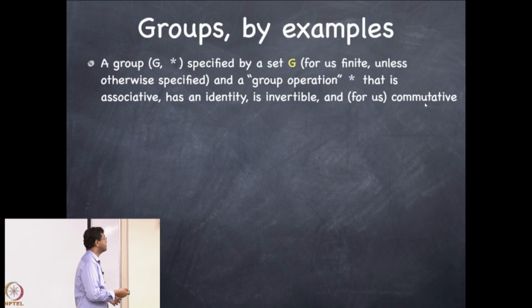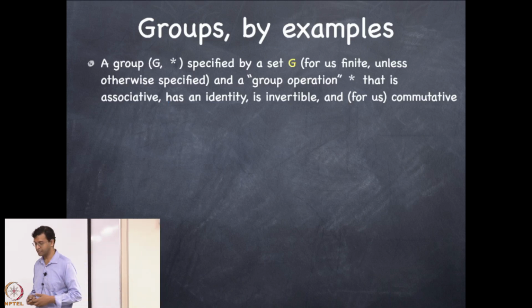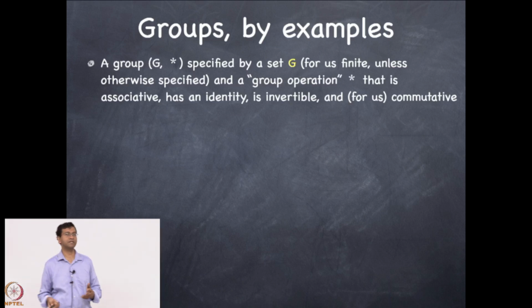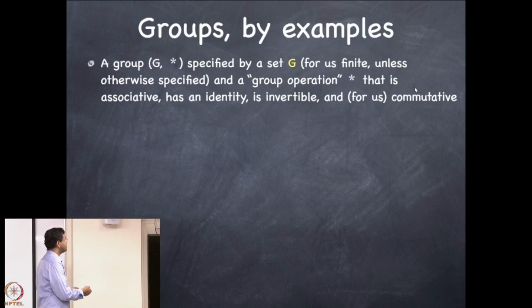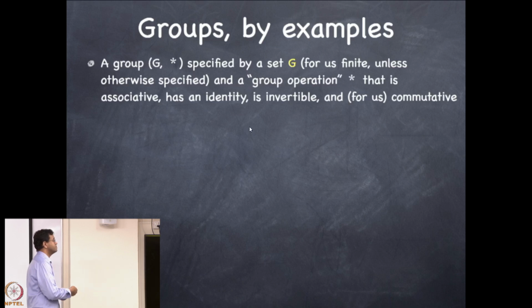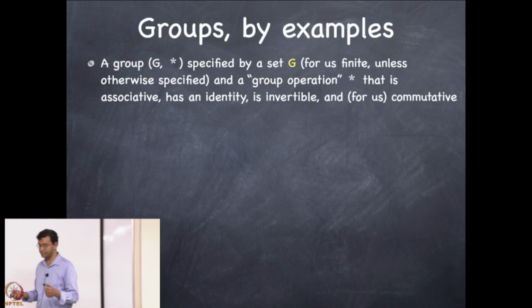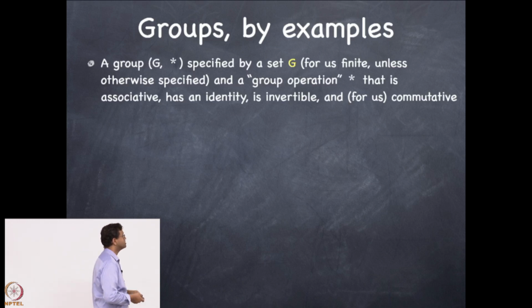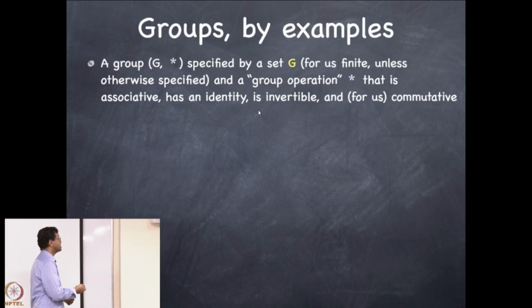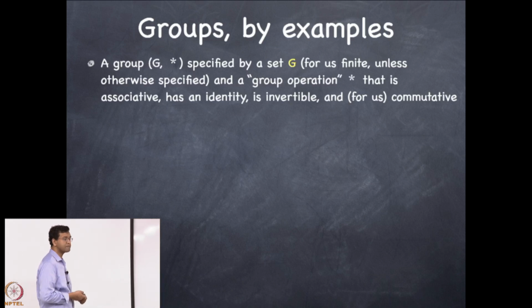It's a commutative operation, meaning A plus B is the same as B plus A. These are basic properties you would have always seen for addition, and sometimes even for multiplication, except this invertibility is not there for integers. But if you're working with real numbers other than 0, even that invertibility is there. So that's what a group is.